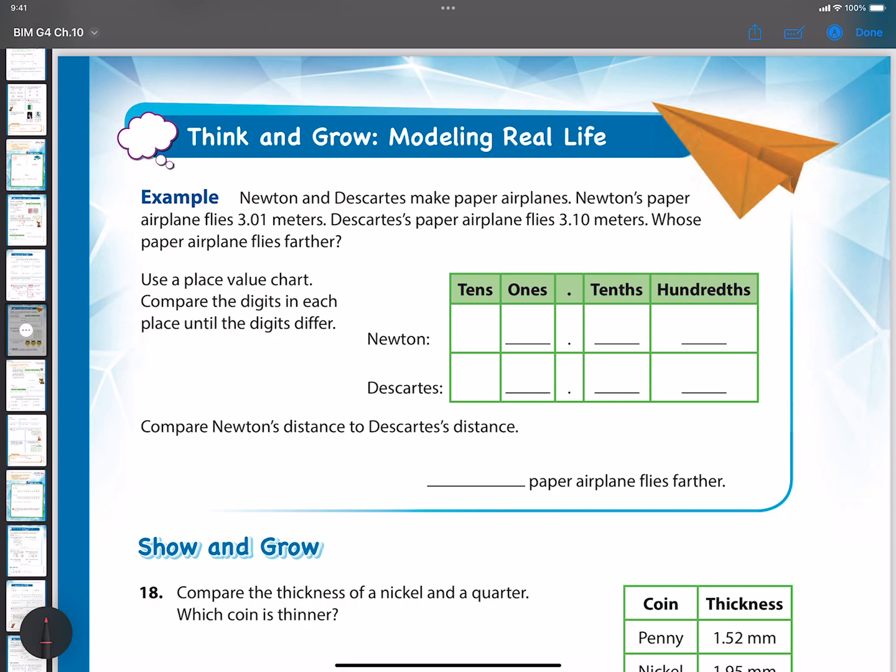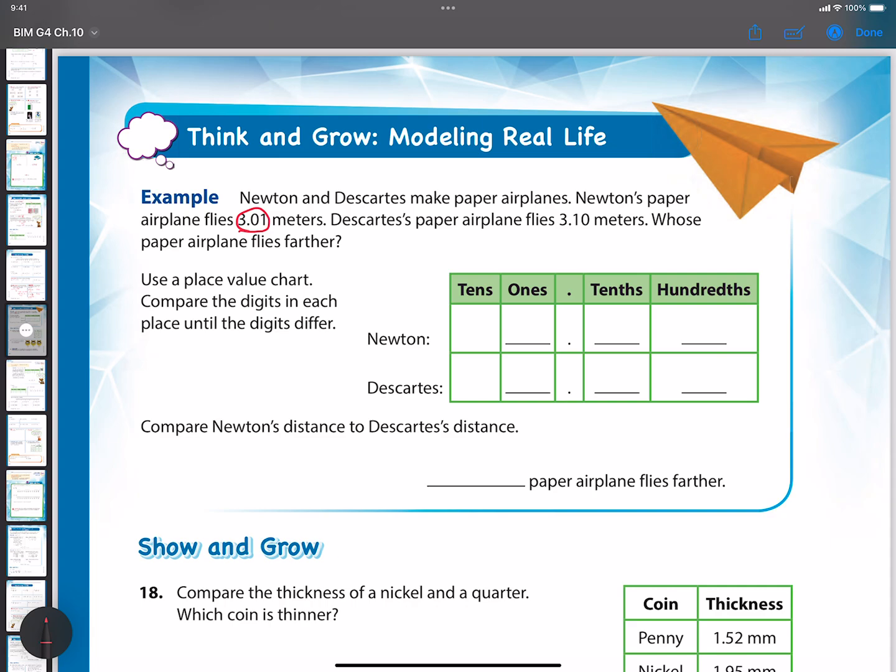Okay, so Newton and Descartes make paper airplanes. Newton's paper airplane flies 3.01 meters. Descartes' paper airplane flies 3.10 meters. Whose paper airplane flies further? Okay, now use a place value chart.